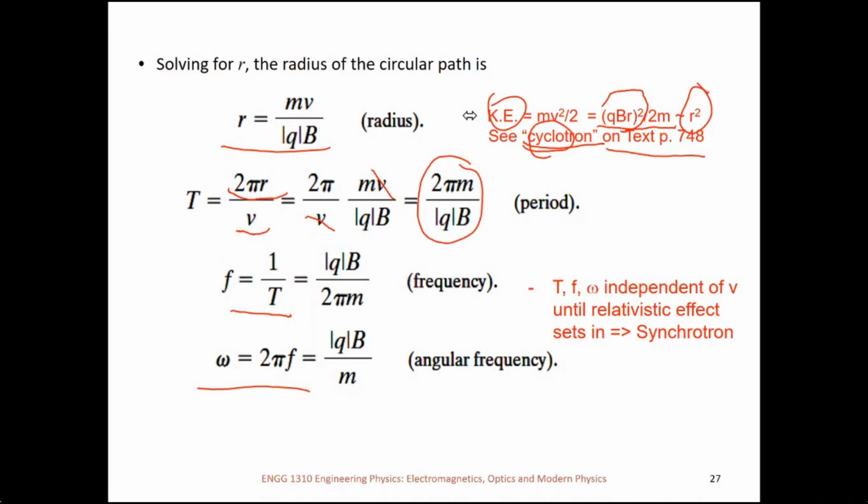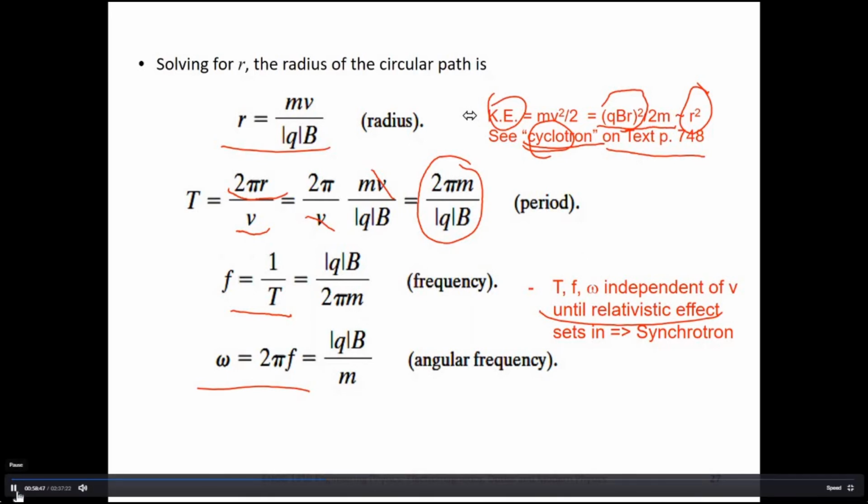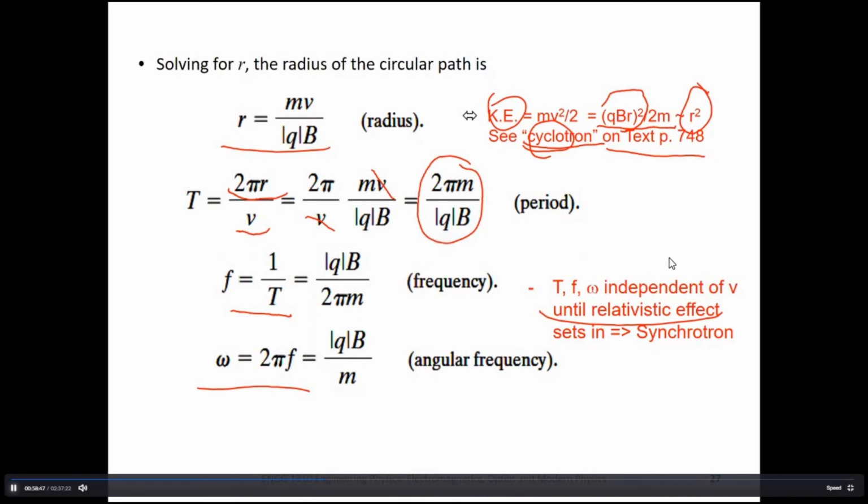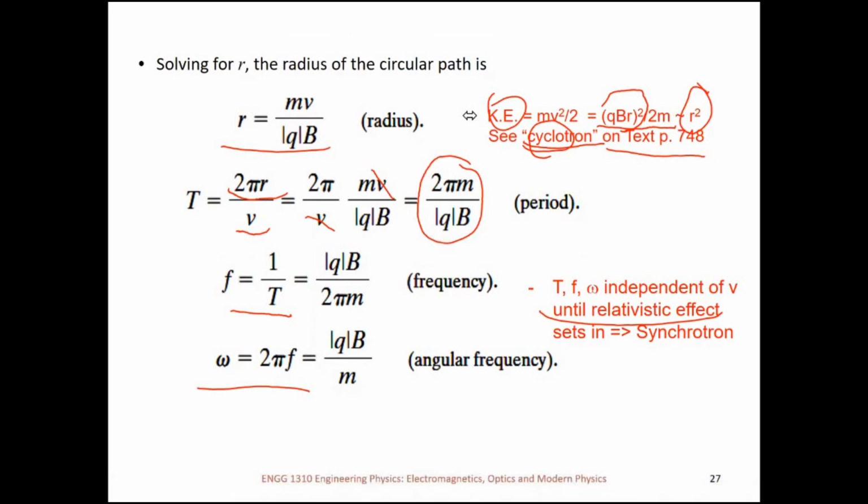Okay, so we need to consider that when the velocity is large enough. Why do we need to take that into the calculation? To make sure it's accurate.